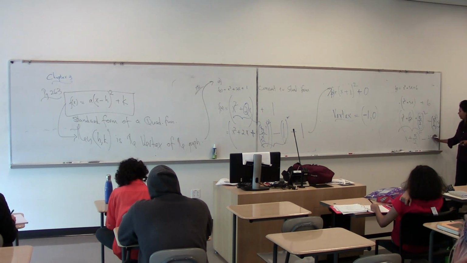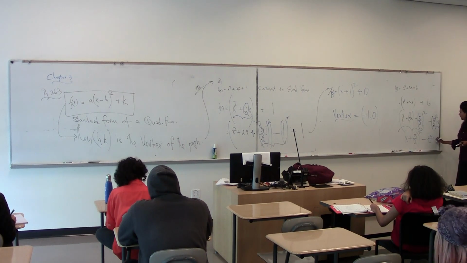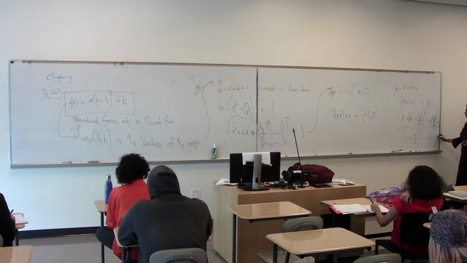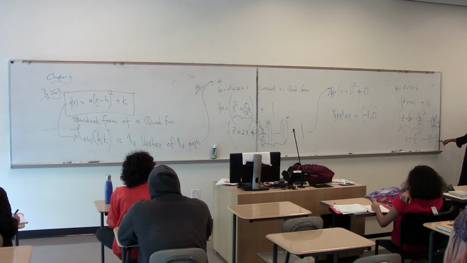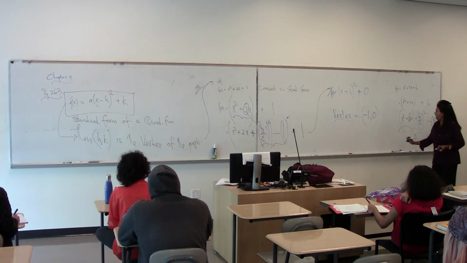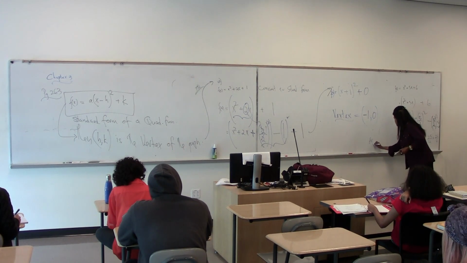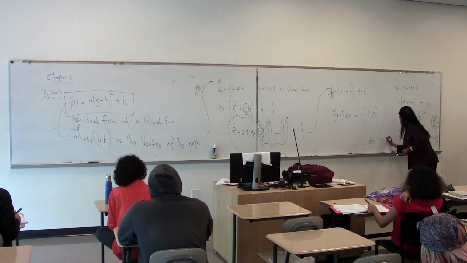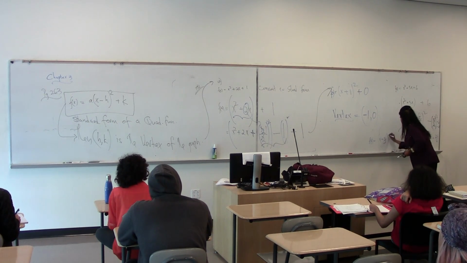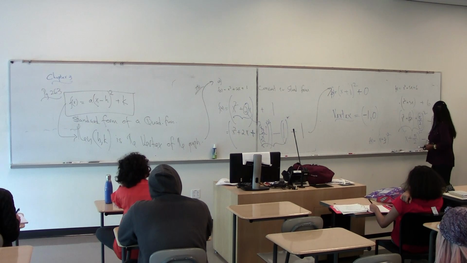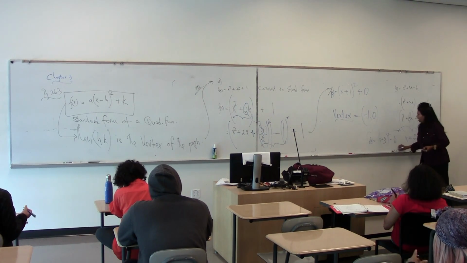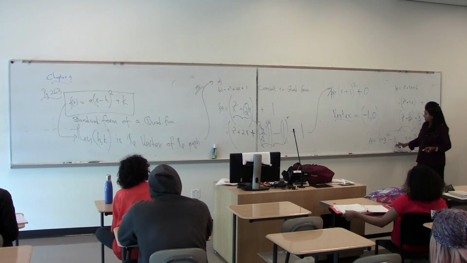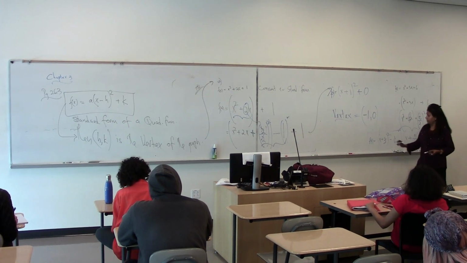This is 25 over 4 plus 6, which is 24 over 4. So f of x is equal to x plus 5 over 2 whole thing squared minus 1/4.